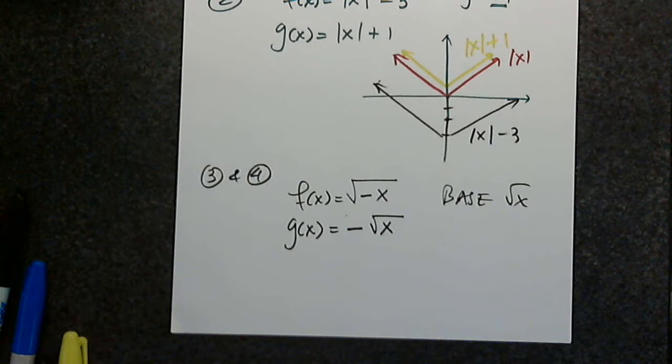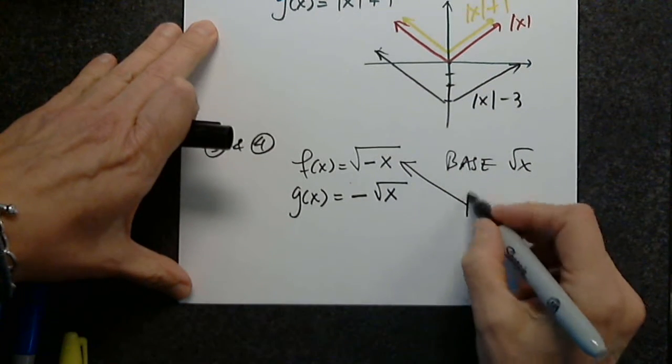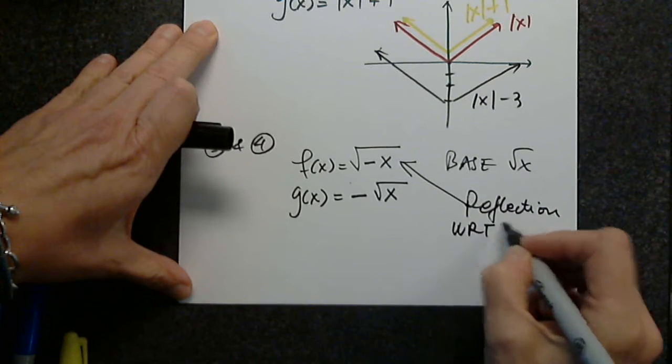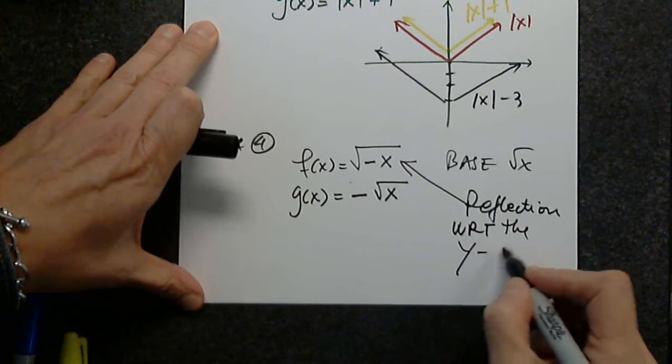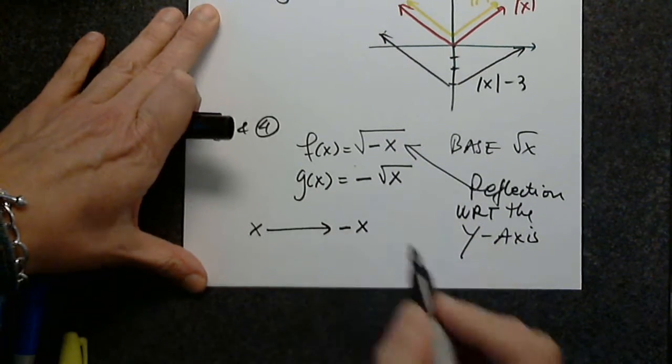I am reflecting it with respect to, that's it. So this is a reflection, WRT, with respect to the y-axis. I'm changing x into the opposite.